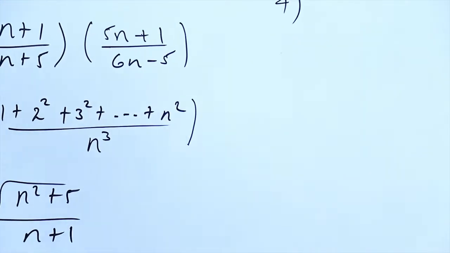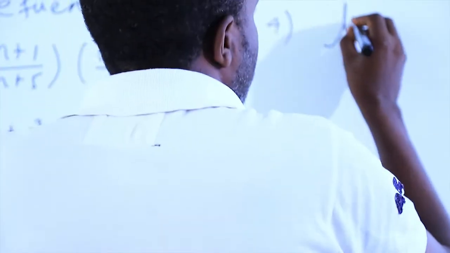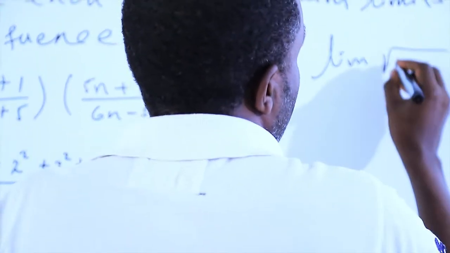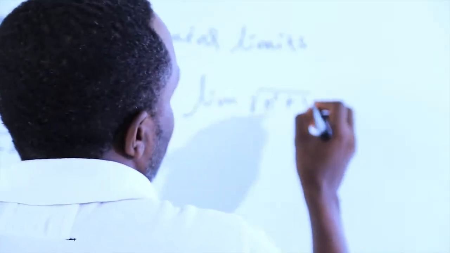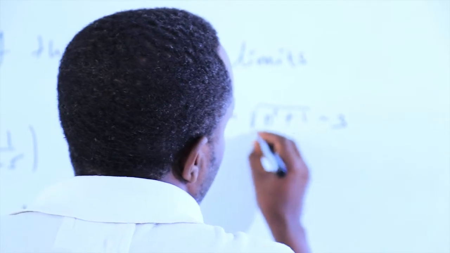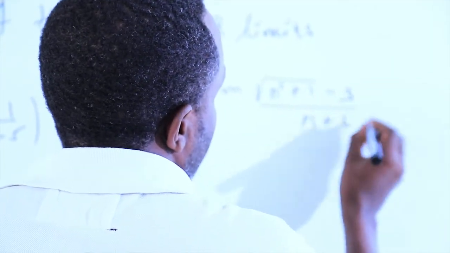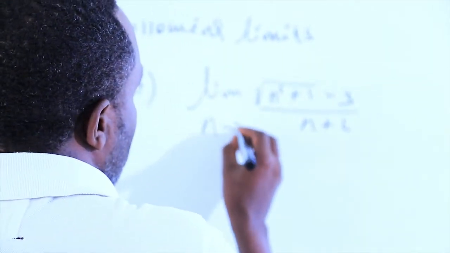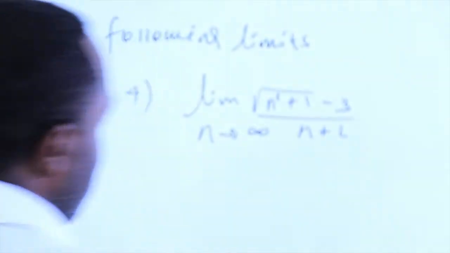The fourth part is the limit of the sequence n squared plus 1 minus 3 over n plus 2, as n approaches infinity.